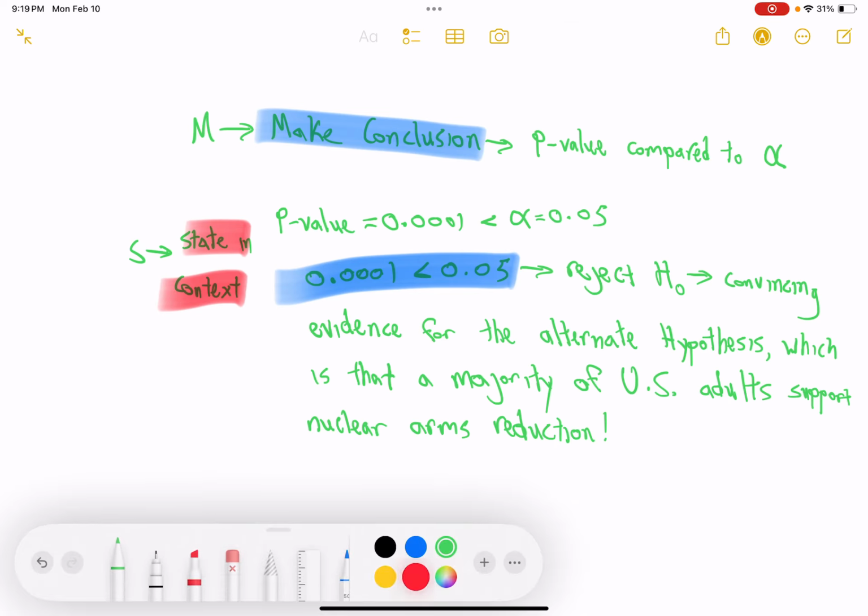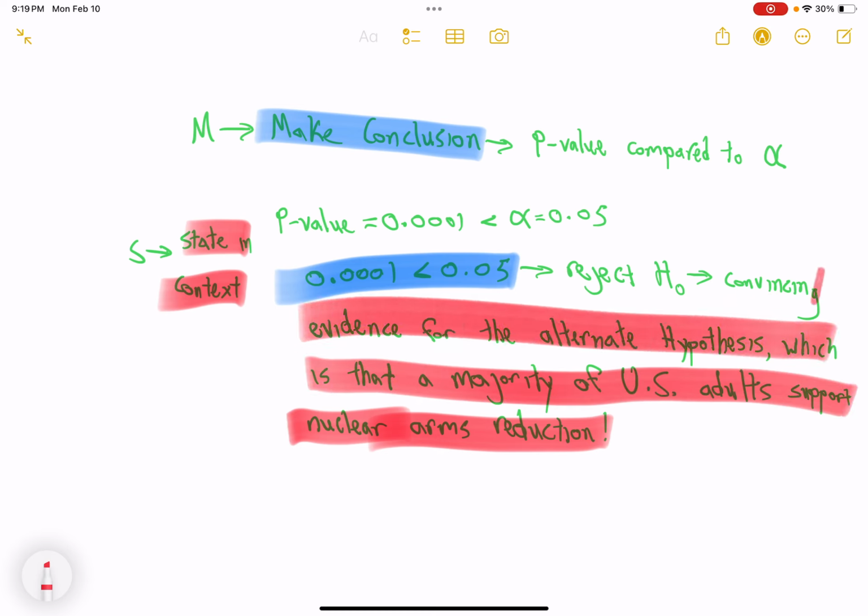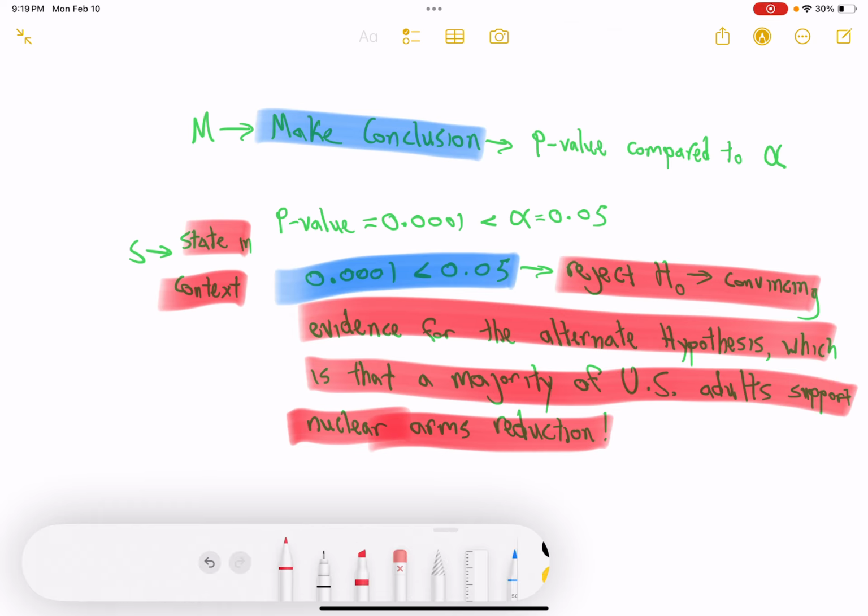Lo and behold, that is our context provided. Okay? You must do this. It is so important. And actually, making the conclusion includes rejecting the null. Okay? That's actually all in there, I should say.